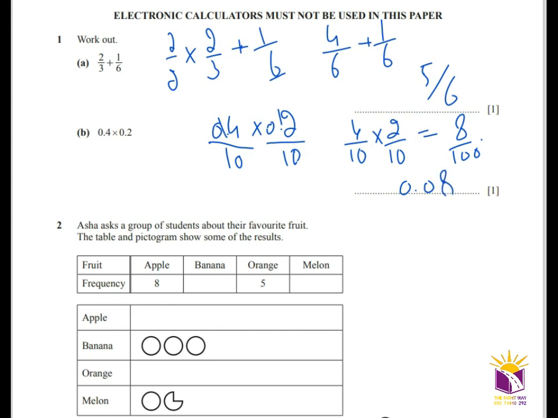So your answer will be 0.08. This 0 is for the 8 and the other 0 will be written as 0. At the value of 1 you will write the point, so it will be 0.08.